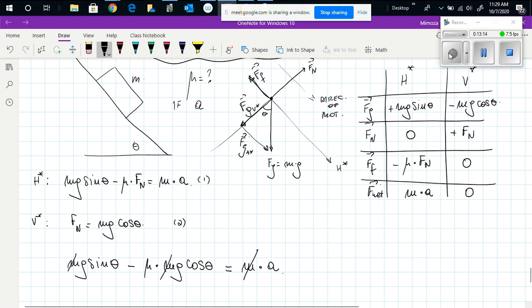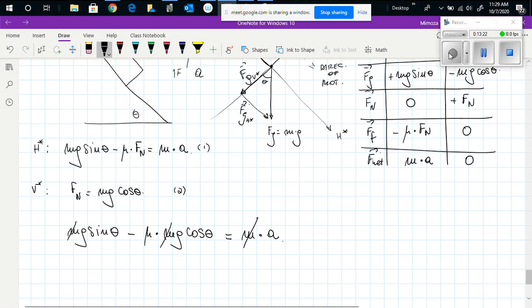Now mass is the only one that is common in all terms. Then we simplify mass, and this tells us that again the coefficient of the friction is not related to the mass. So then we will have g times sine theta minus a is equal to mu times g times cosine theta.